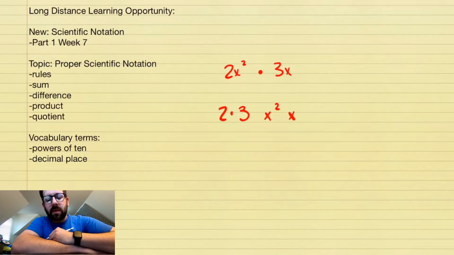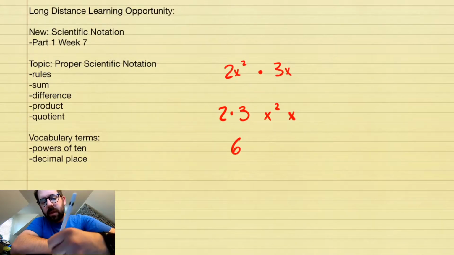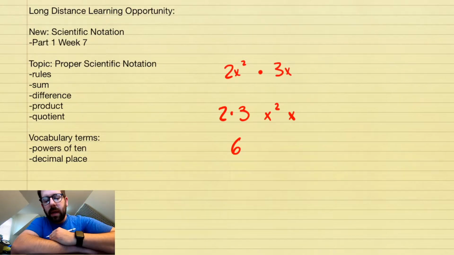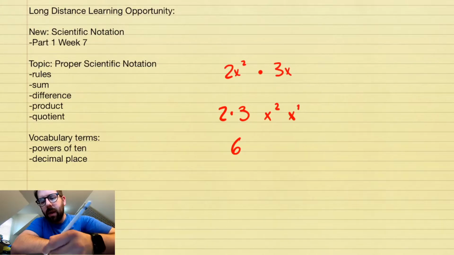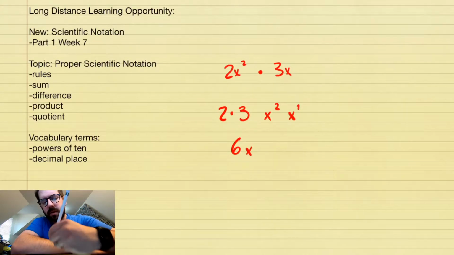I know that seems weird, but that's the correct way to multiply variables together, and like terms, not even like terms. But what we're going to get is we're going to get a 6 out front. That's 2 times 3. And then for the x's, well, there's just a total of 3 x's there, because they just get thrown in the back. Well, there's 2 there and 1 there, so that's a total of 3 x's.